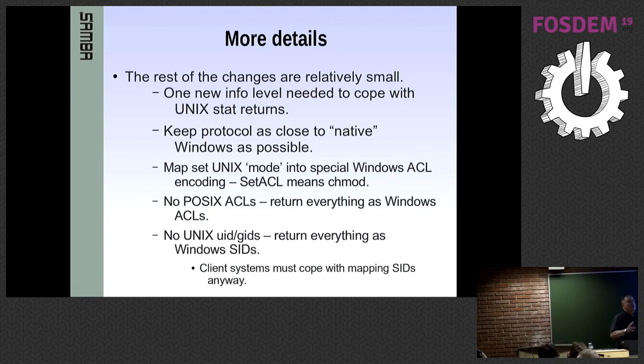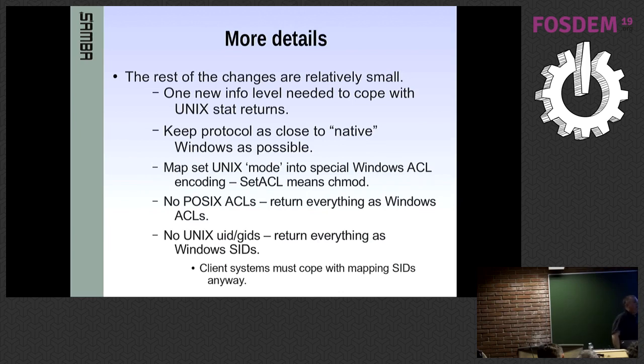What you will end up with, and we did end up with this in the SMB1 Unix extensions, is being able to make POSIX calls to get UIDs and GIDs back, and then you would make Windows calls to get SIDs back, and you would be exposing the mapping that the server was using between SIDs and UIDs. That mapping may have been different from the one that the client was using.